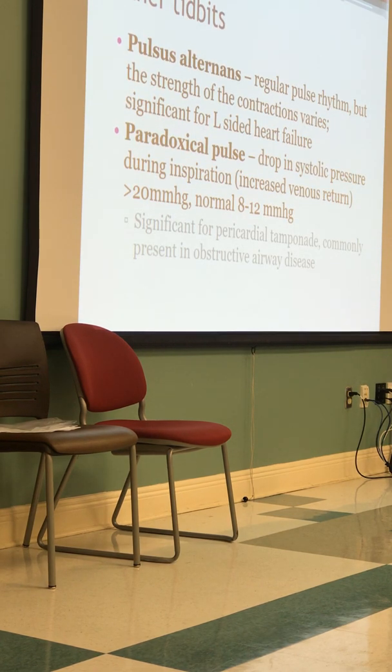All right? Other tidbits. These are pulses that we're going to listen to. Pulsus alternus. Pulsus alternus is when you're palpating someone at the radial pulse. You take their radial pulse and you get this nice bounding, then a very light pulse. Bounding and very light.